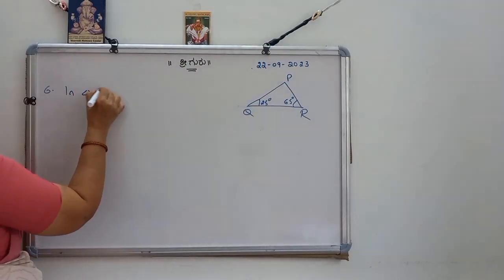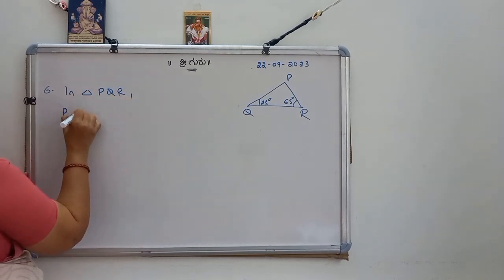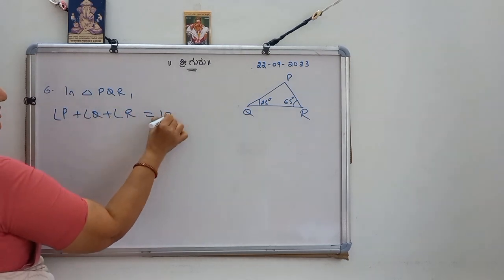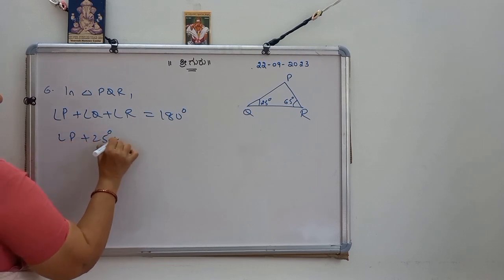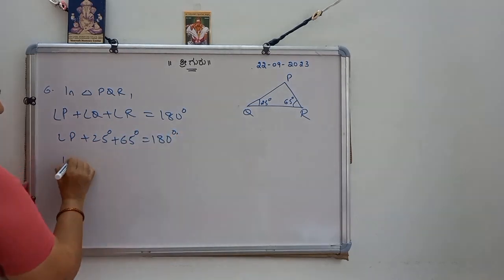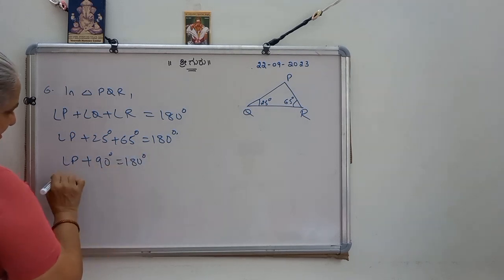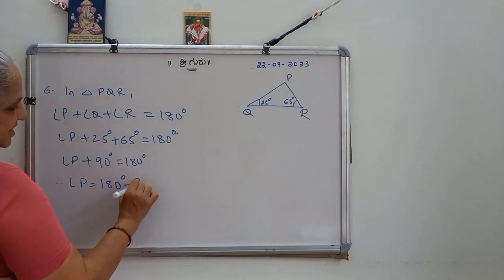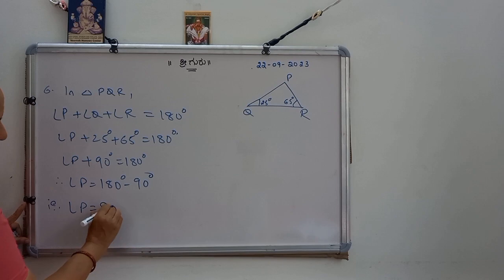In triangle PQR, angle P plus angle Q plus angle R is equal to 180 degrees. Angle P plus 25 degrees plus 65 degrees is equal to 180 degrees. Angle P plus 90 degrees is equal to 180 degrees. Therefore, angle P is equal to 180 degrees minus 90 degrees. That is, angle P is equal to 90 degrees.